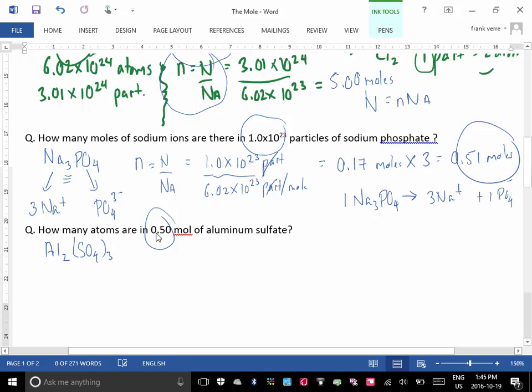We have 0.5 moles. So if you don't remember, the formula is number of particles is the number of moles times Avogadro's constant. So 0.50 moles would actually be how many particles then?